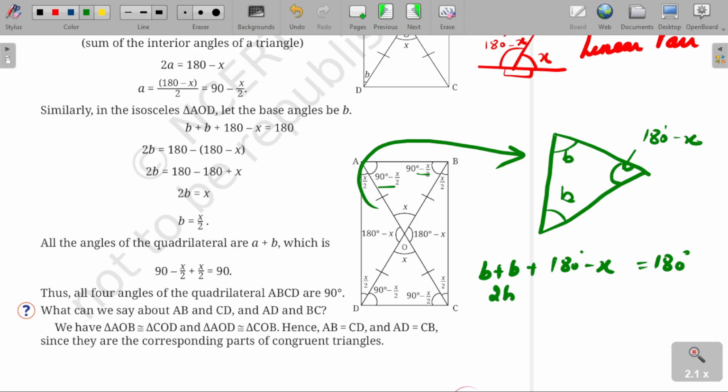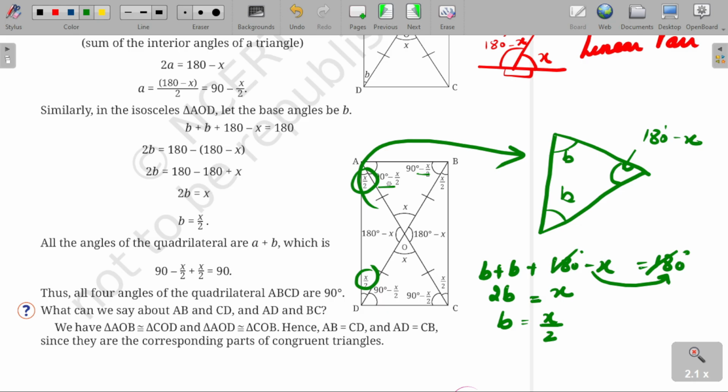So 2B equals 180 degree, which cancels with the 180 degree, and x when I take it there will be positive x, right? So B will be x by 2. Okay? Why have they taken it as x by 2? Yes, it will be x by 2.